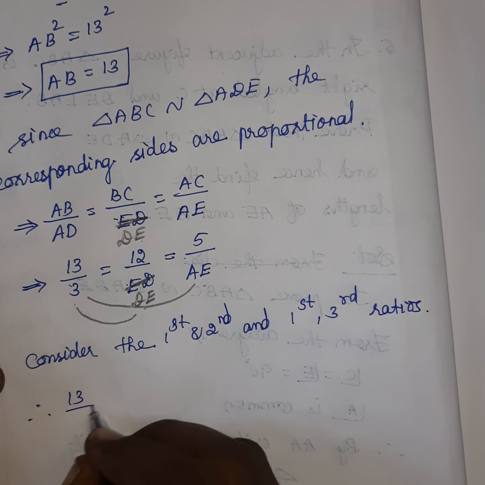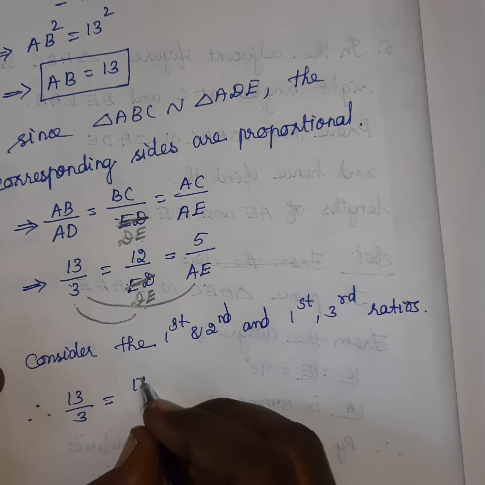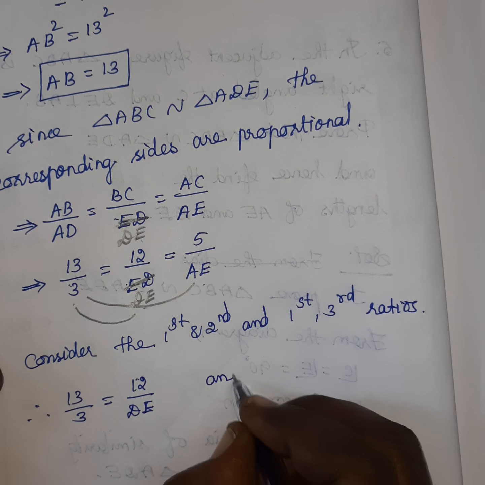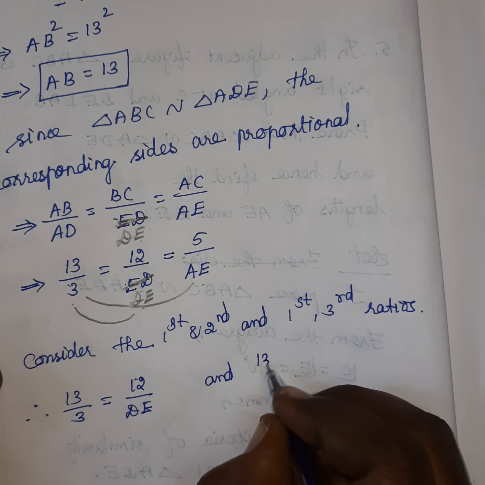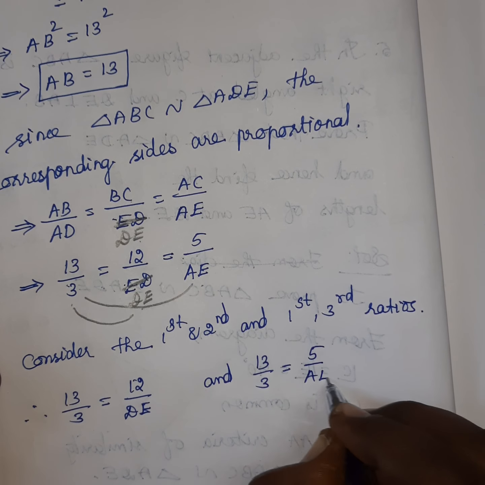Therefore 13 by 3 equal to first and second, so it is 12 by DE, and then first and third, that is 13 by 3 equal to 5 by AE.